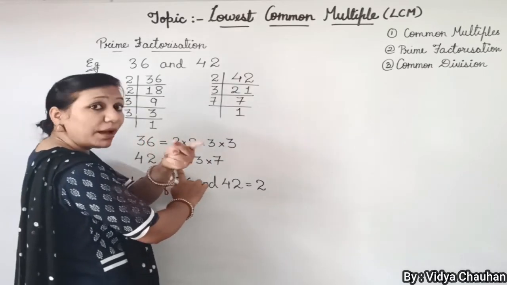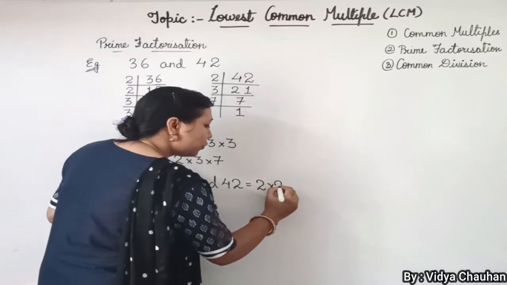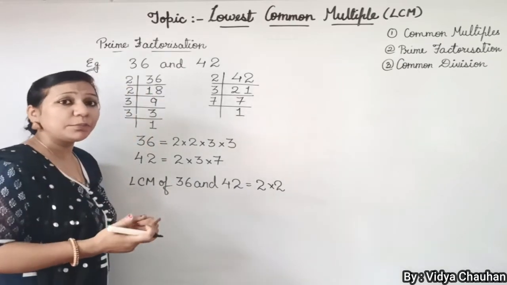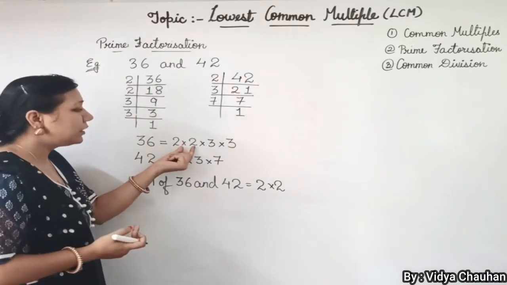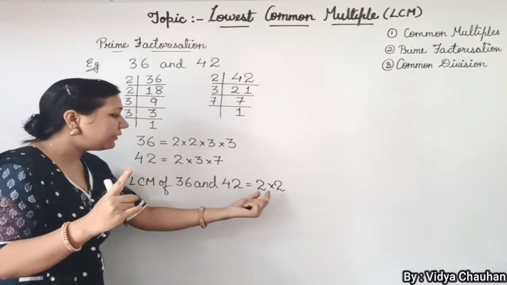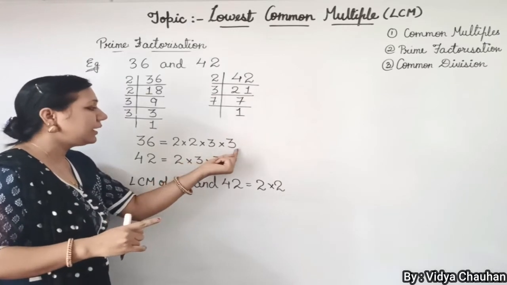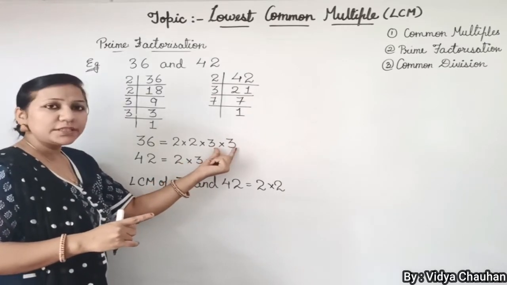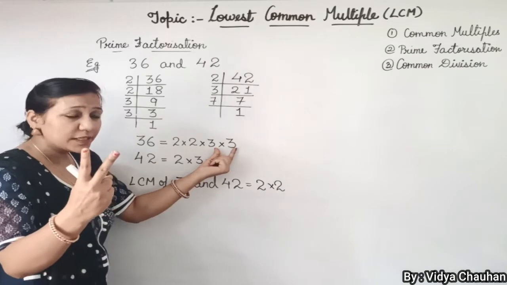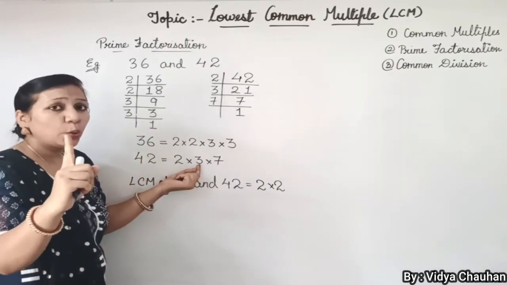We will write the maximum number of times it is coming, so I will write 2 two times. Similarly, the next is 3. In the factors of 36, 3 is coming 2 times, whereas in the factors of 42, 3 is coming only 1 time.